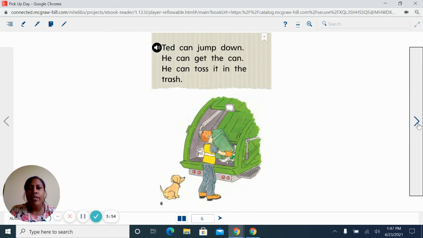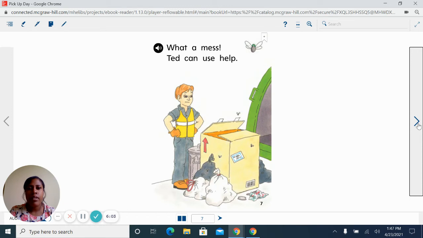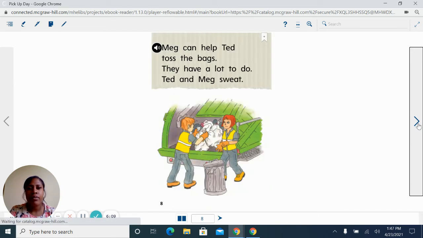Ted can jump down. He can get the can. He can toss it in the trash. What a mess! Ted can use help. Meg can help Ted toss the bags. They have a lot to do.